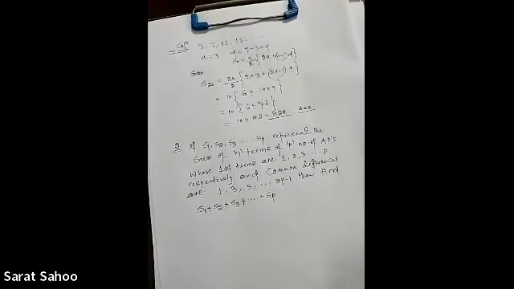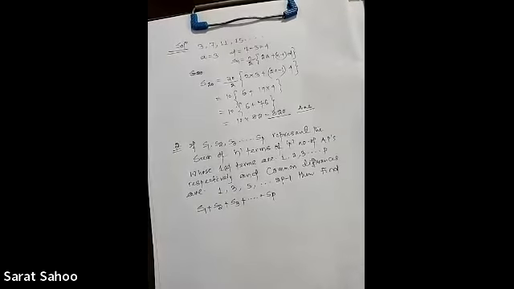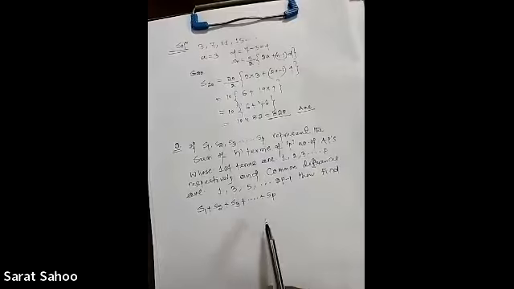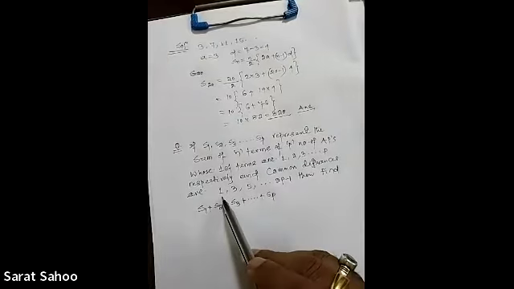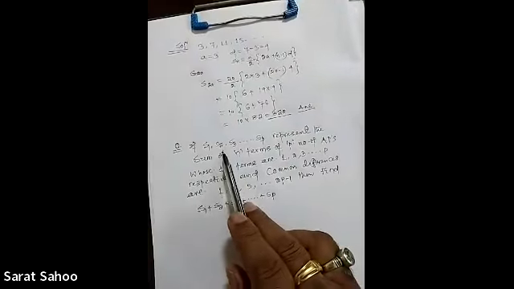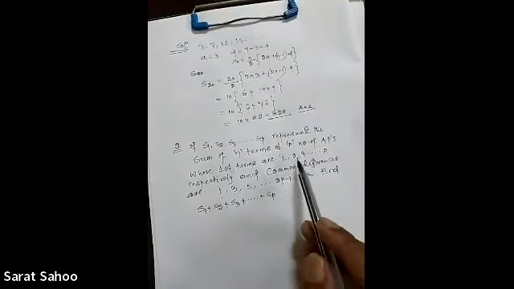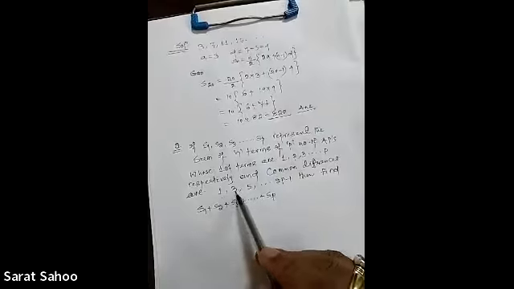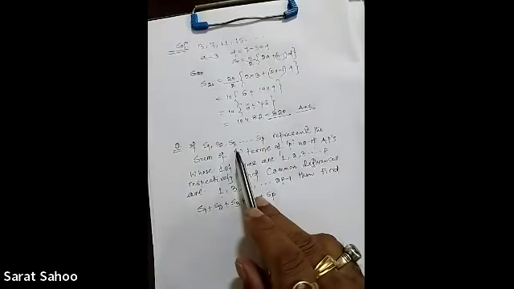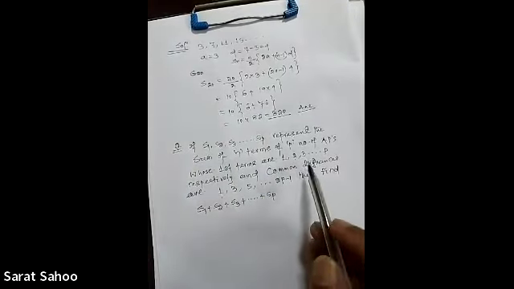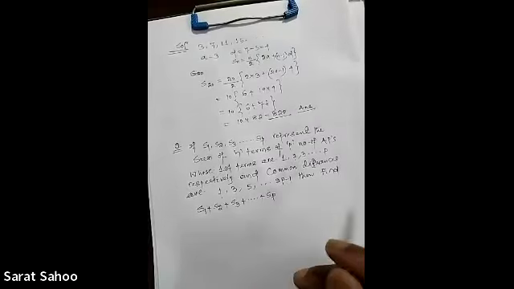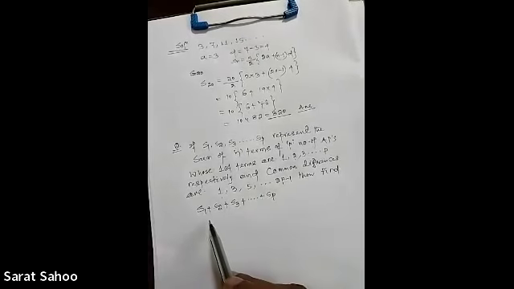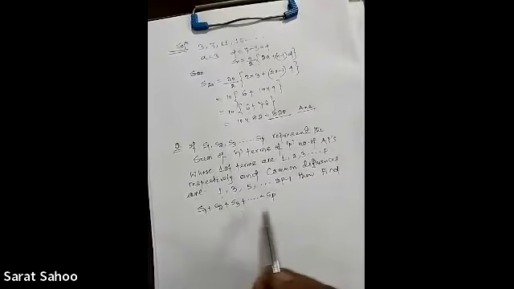Let me explain the question. S1 represents the sum of n terms of the first AP, whose first term is 1 and common difference is 1. S2 represents the sum of n terms of the second AP, whose first term is 2 and common difference is 3. And S3 represents the sum of n terms of the third AP, whose first term is 3 and common difference is 5, and so on. You have to find the value of S1 plus S2 plus S3 up to SP.